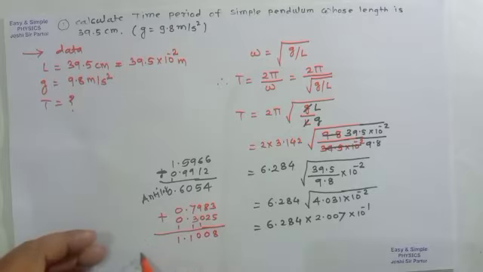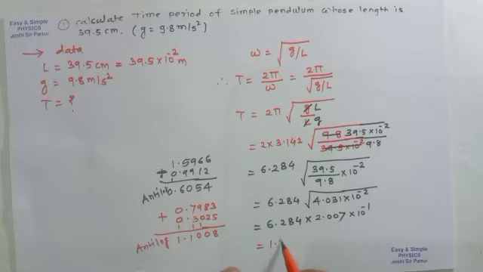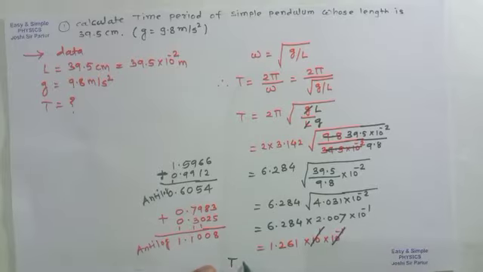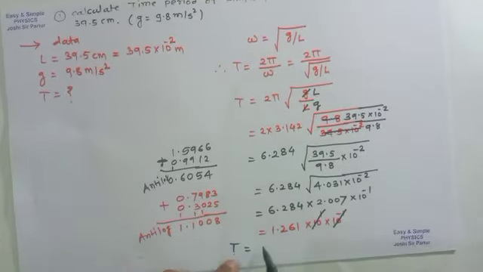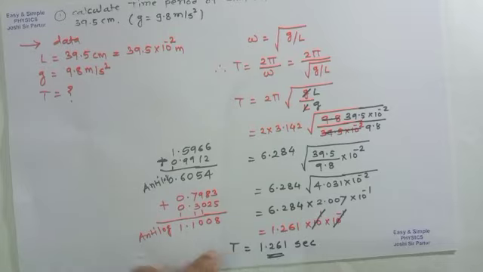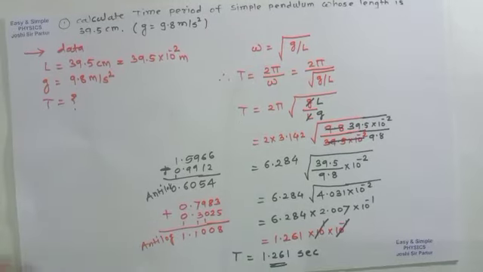If we see the antilog of 0.10 in 0, 8 in mean difference, its antilog will be 1.261 into 10 to the power 1 into 10 to the power minus 1. So minus 1 plus 1 get cancelled. So time period of simple pendulum will be 1.261 second, which is the answer for the given example.